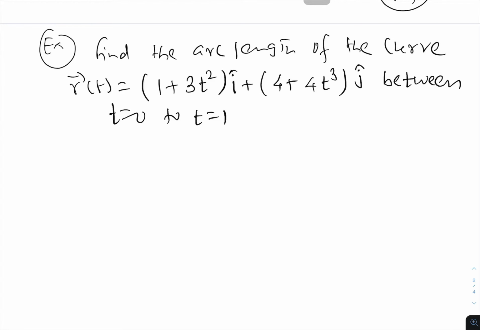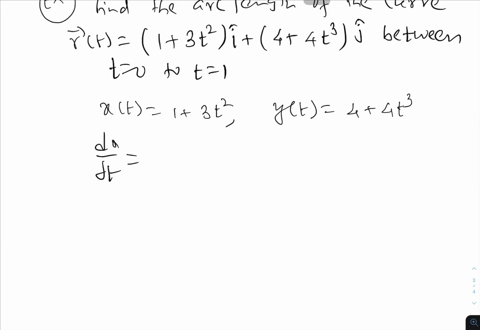Now here you are given a plane curve, x and y. So here x is 1 plus 3t squared, y is 4 plus 4t cubed, and so dx/dt is 6t, dy/dt is 12t squared.